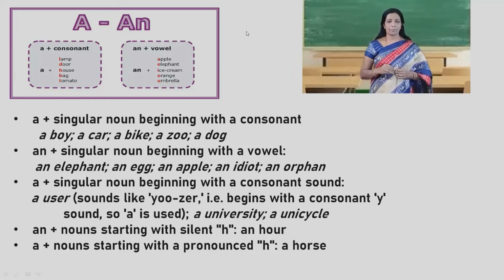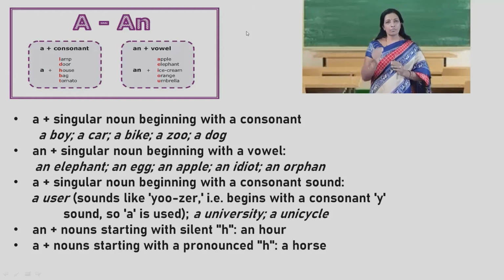Now, for example, when we say "a user," though the word "user" begins with a vowel "u," the sound when pronouncing it is that of a consonant, because it sounds like "yoo," which is a consonant sound. So, when the first sound of the noun is a consonant sound, then you use the article "a" before it.